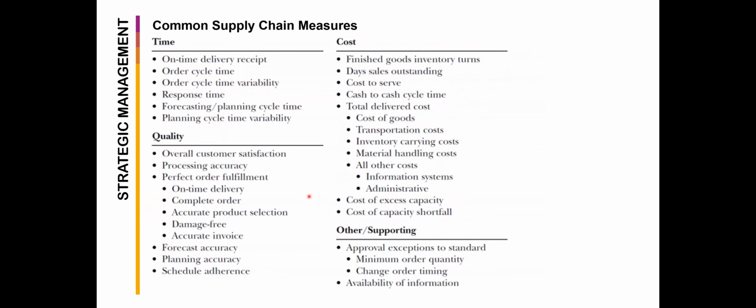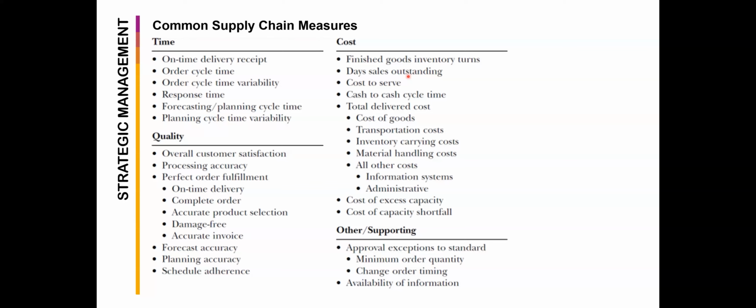Okay, supply chain measures, or the operations itself. Cost of finished goods, inventory turns, how often or how quickly our inventories move, because the longer it stays in our warehouse, the costlier it is for the organization.